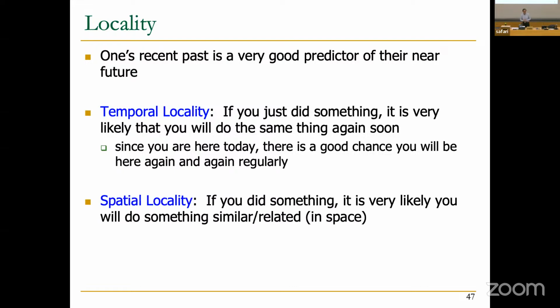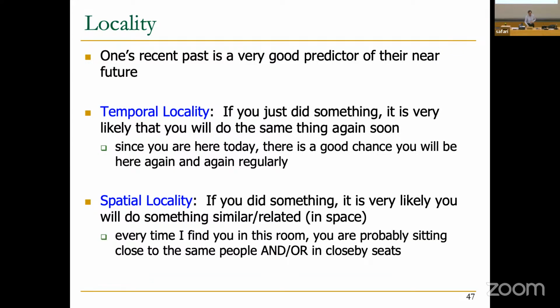Spatial locality is fundamentally different. It's in space. Essentially, the first one is in time, the other is in space. If you did something, it's very likely that you will do something similar or related in space. For example, every time I find you in this room, you're probably sitting close to the same people and in close by seats that you sat in the past, right? And that also holds, I think, in most of the cases.